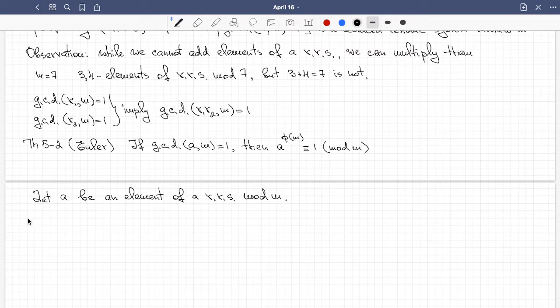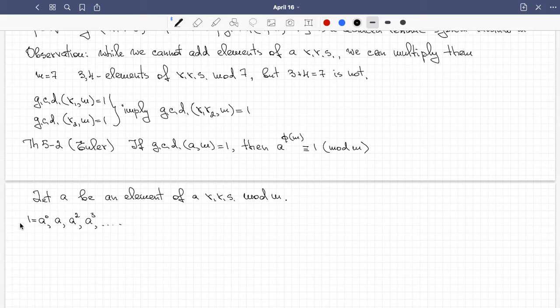So 1 is definitely A to the 0. And after that, we can multiply by A. A to the power 1, A squared, A cubed, and so further. To the 4, to the 5, whatever. At the moment, we are guaranteed to get 1 again, 1 modulo M.